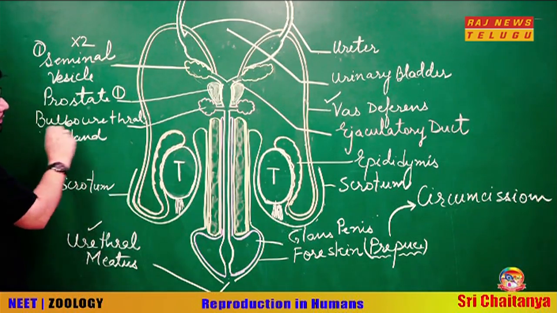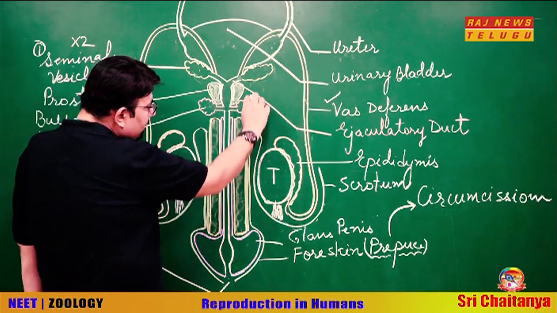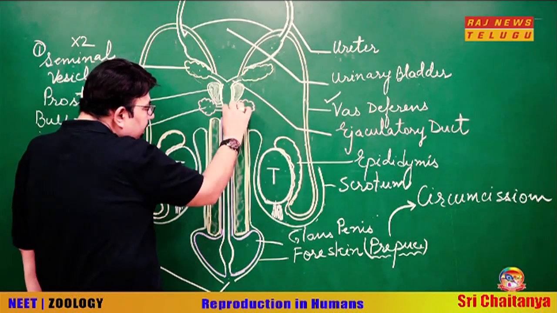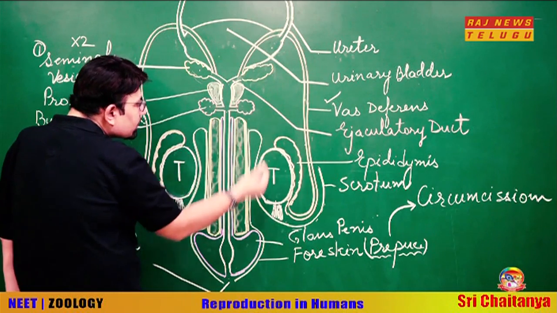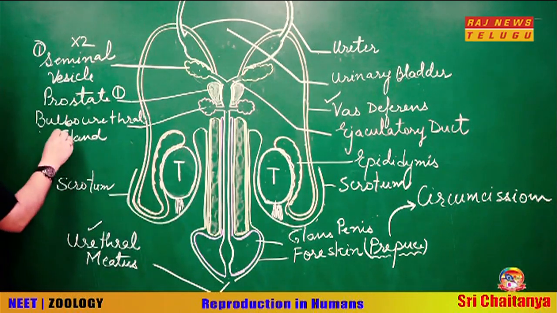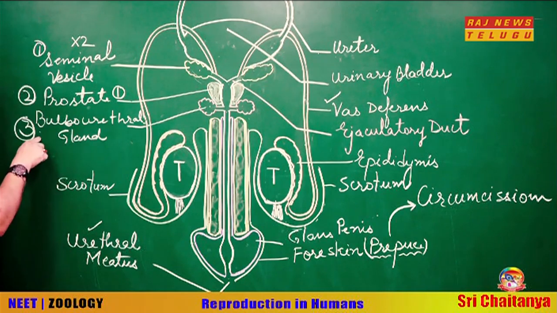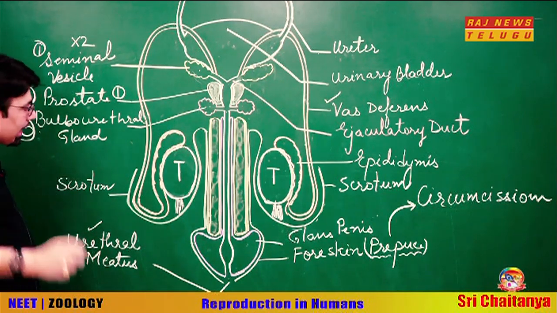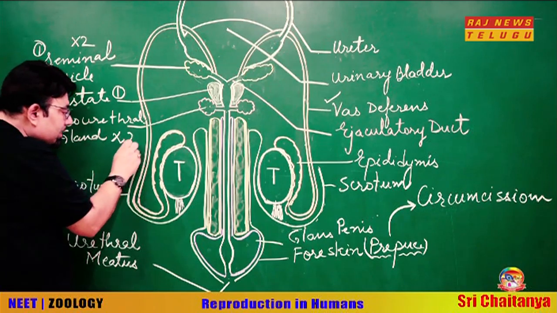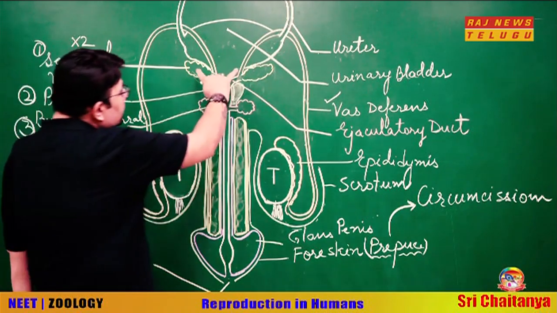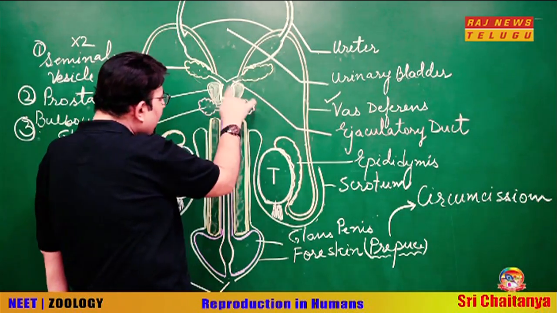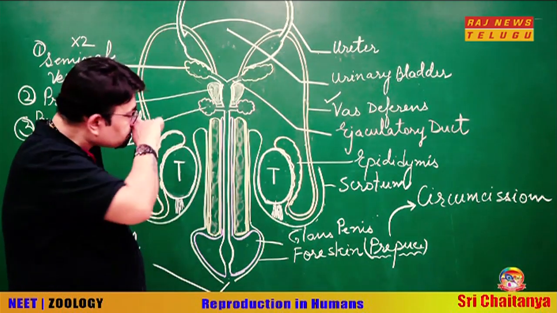And these are bulbourethral glands, bulb like, and they are opening into the urethra. So, the second one is the prostate, and the third one is the bulbourethral glands. Bulbourethral glands are also in pair. These are in pair, these are in pair, and this is a single one.